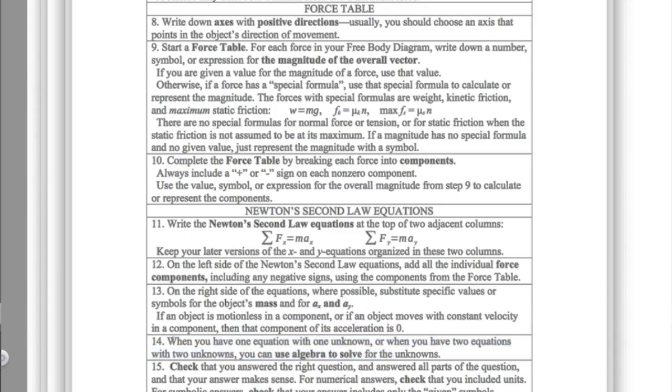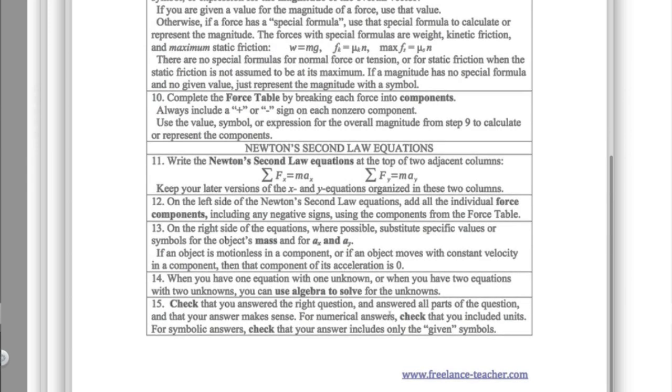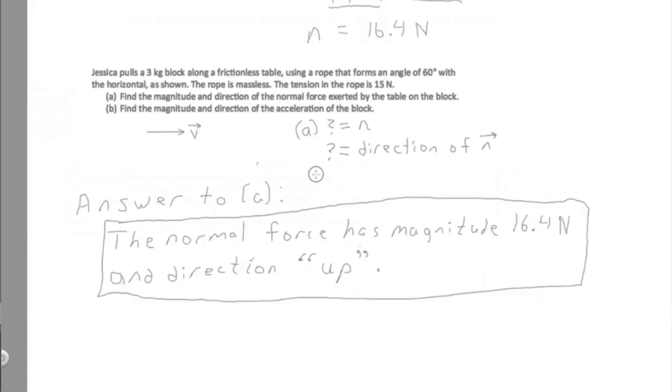So we've completed this step. We used algebra to solve the y equation for Newton's second law, and then we were able to answer the question for part A. Now we should check that we've answered the right question and answered all parts of the question. Well, yes, part A really was asking for the magnitude and direction of the normal force. Do you see what it means to answer all parts of the question?